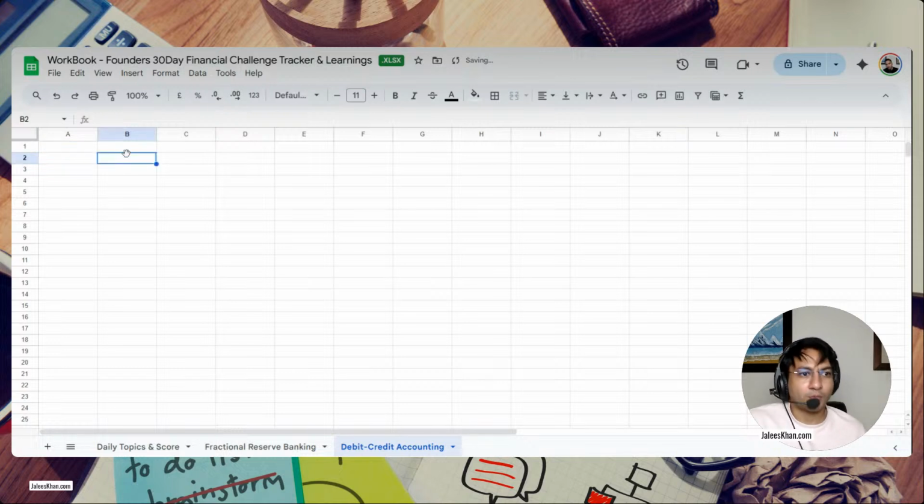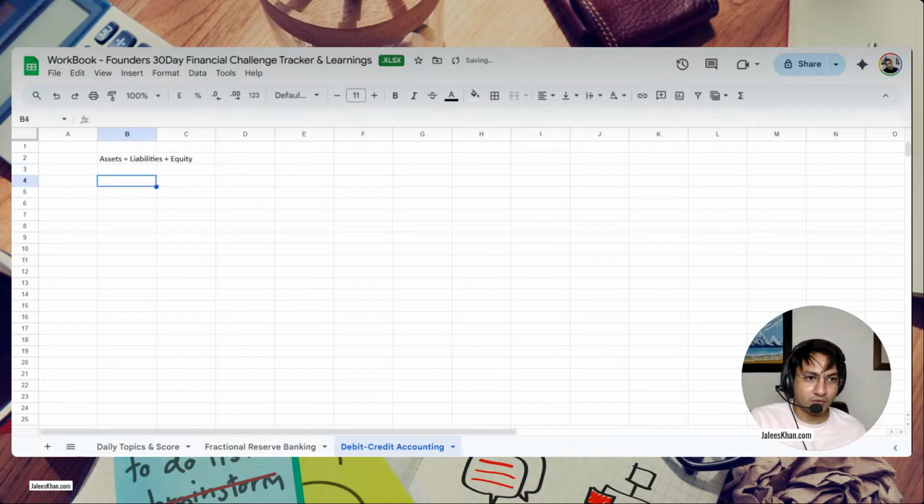So here we go. Here, the equation. Assets equals liabilities plus equity.